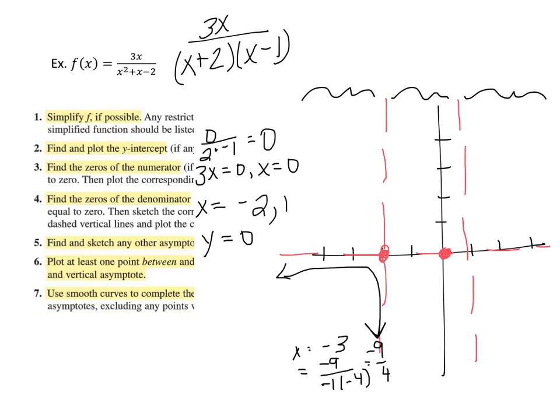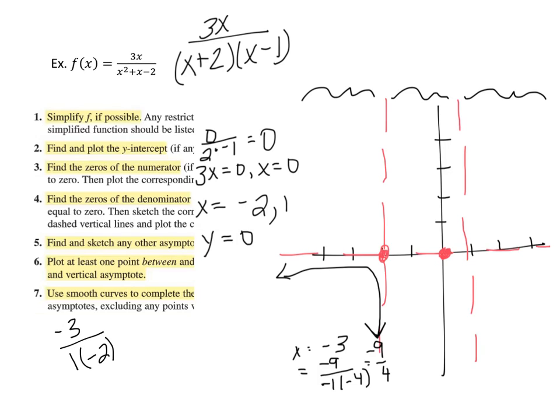In the middle, we have a special one. It's actually crossing the horizontal asymptote, which happens. But we need to figure out which way it's falling. Is it starting up and going down, or is it starting down and going up? Okay, so if I test this point right here, x equals -1, and I plug that in, that'd be -3 over 1 times -2, which is going to be positive.